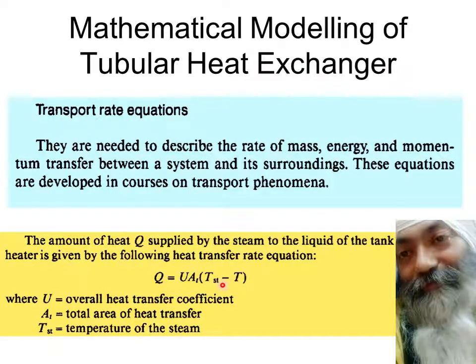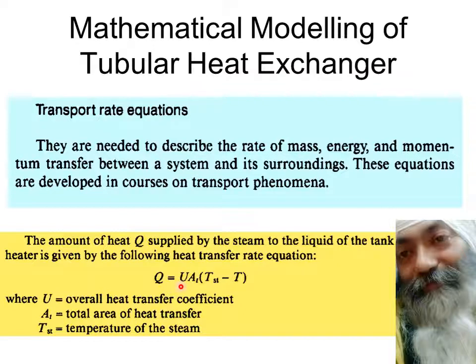So what we see is that this Q is the total amount of heat supplied, and it is to be multiplied by these two things. To have the proper amount, we need to know the area in contact, and we need to know the temperature difference. That will become the total amount of heat supplied per unit time.